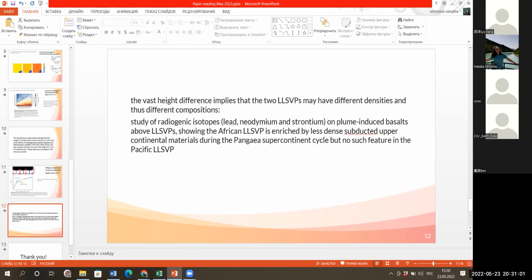And the vast height difference implies that the two provinces may have different densities and thus different compositions.